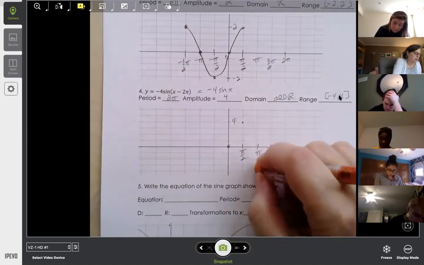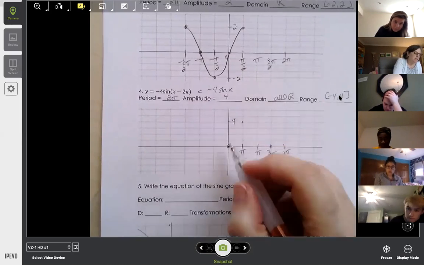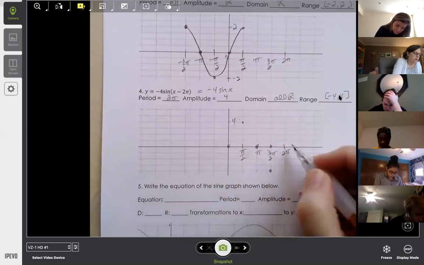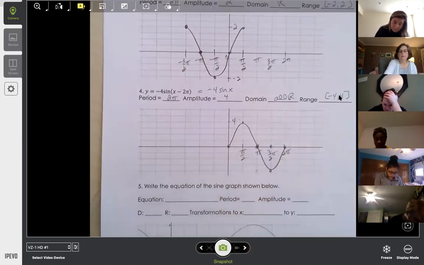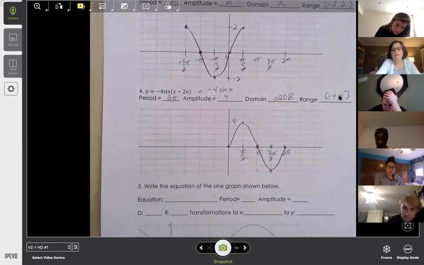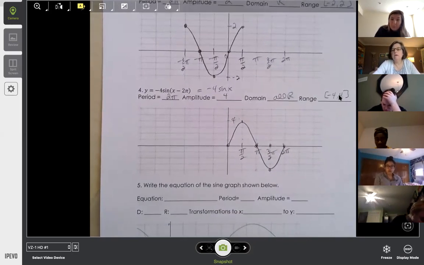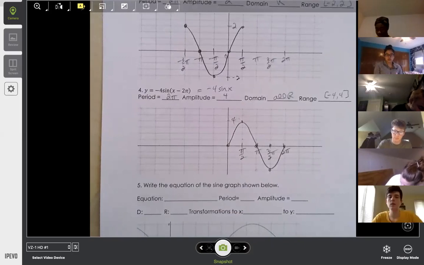Okay. 0, high point, 0, low point, 0. So it's just going to look like -4 sine x. Oh, I forgot all about the negative. What's that negative do to the graph? Who remembers?